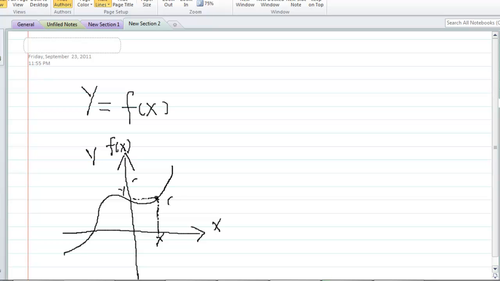So this point will be defined on this graph as (x, y), or you can write it as (x, f(x)) because y equals f(x), right? Okay, so that's the basic graph you're probably going to see.